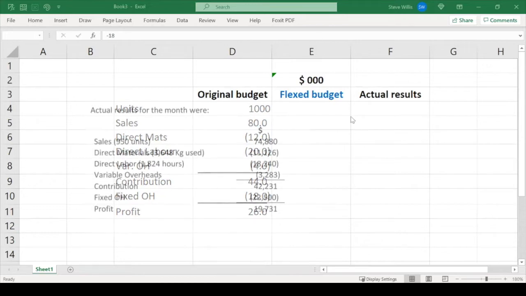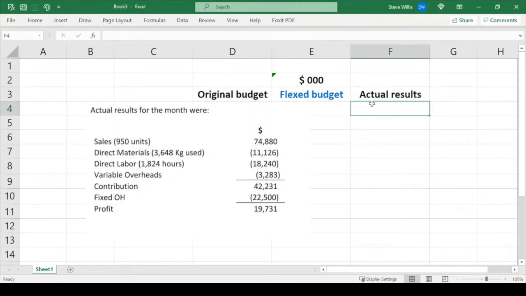Let's now plug in the actual results. First thing to notice is that we sold fewer units than planned. Units being lower means the sales volume variance will be adverse. And we see that the actual revenue was 74.9. The actual spend on materials was 11.1 thousand. Actual spend on labor, 18,200.